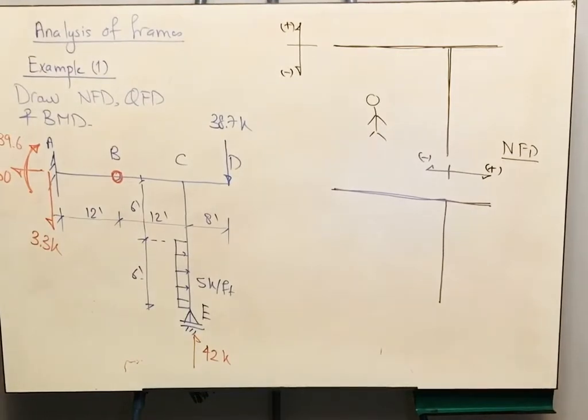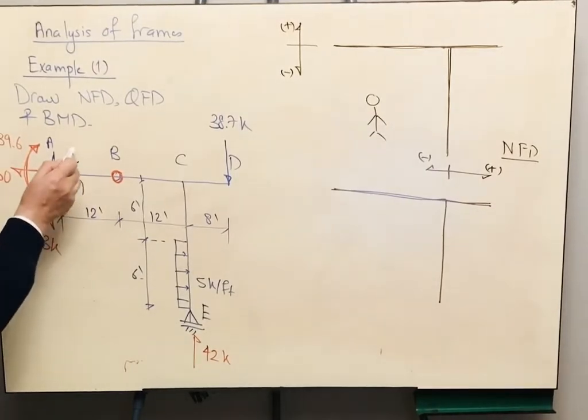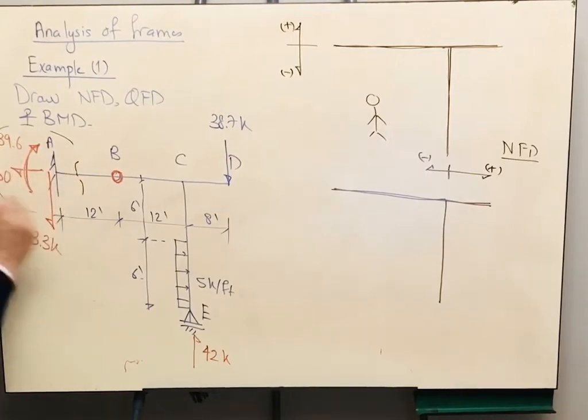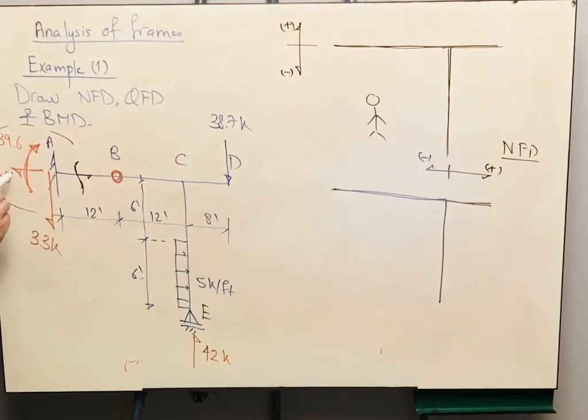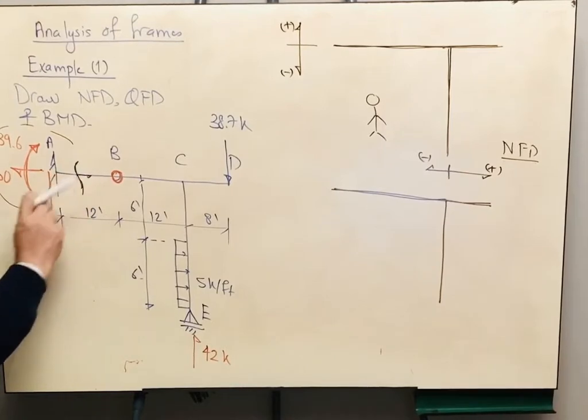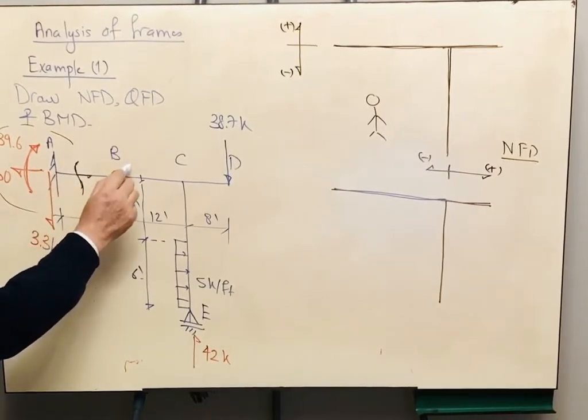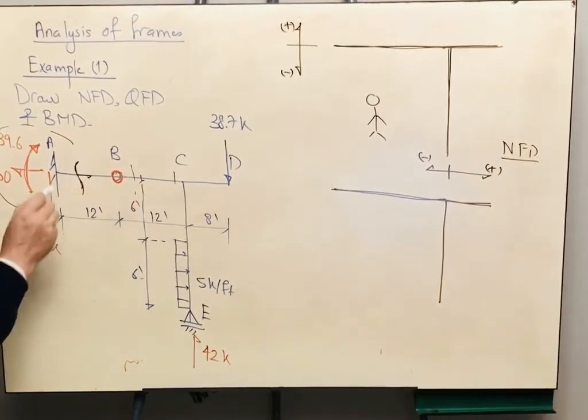Let us start part by part. For the part AB, if we are taking a section here, as usual, and we are taking the left hand side, okay? Now, if you cut a section here, the internal force will be in this direction to balance with the external force. So the internal force is getting out of the section. So we are having here tension. This situation will be the same if you are cutting a section here, or a section here, or a section here.